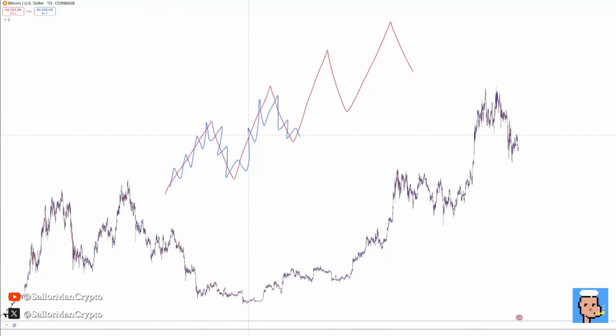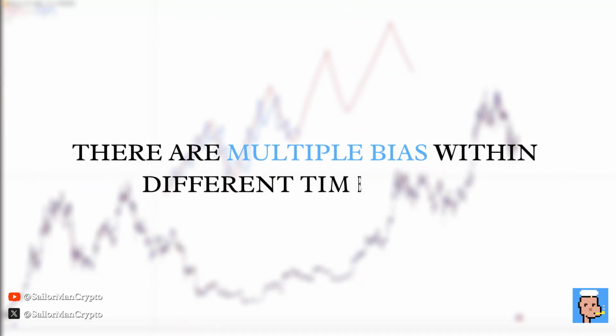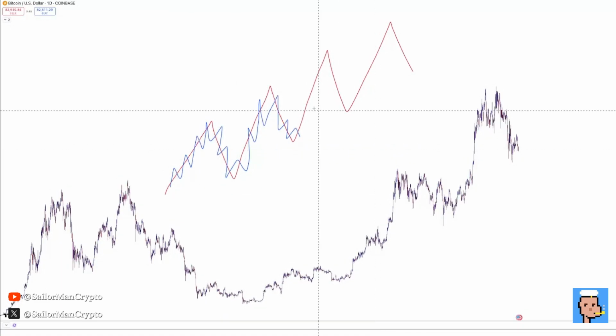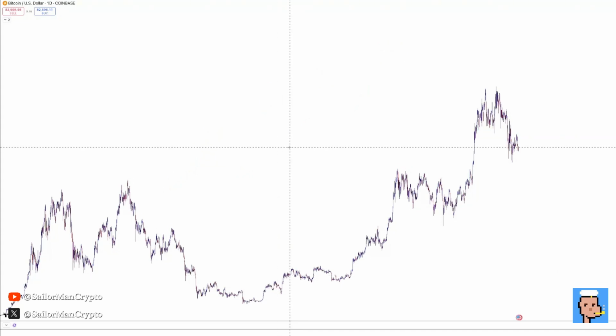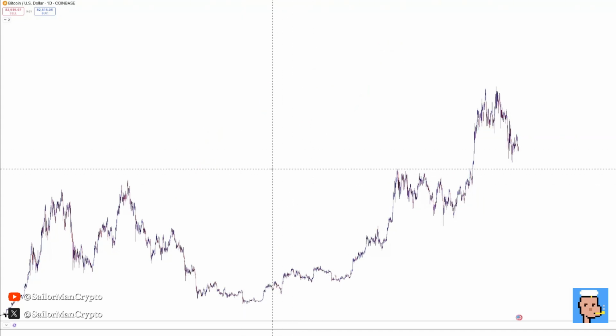So it is very important to understand this concept and the multiple bias you can have within the different time frames. This concept is important, and we will see later how it can be applied on the trend reversal strategy. So first of all, where we would like to look for a potential trend reversal point.